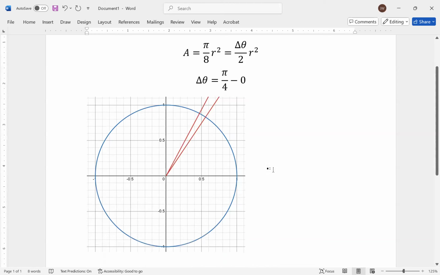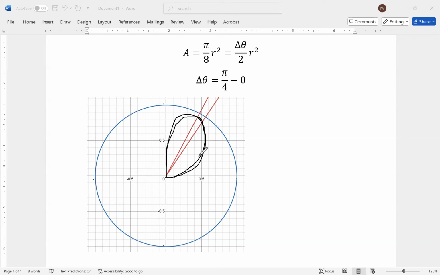Now, obviously, this is all with a circle, but this happens with any type of graph that we want to draw. Imagine I drew something like this, which is not a circle, but let's say it's a petal of a rose curve, for instance. Well, I could take those same little sections and I could say that the R is actually the function value that gives me my rose curve.